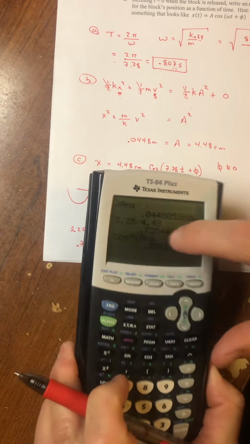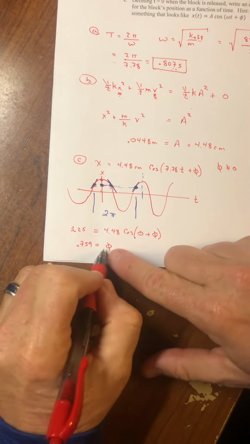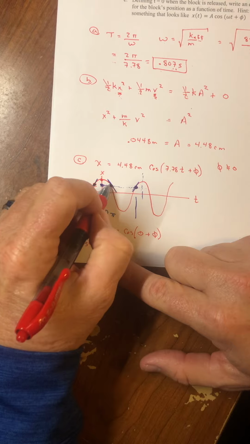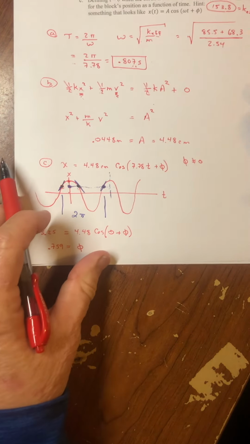And calculators only give us the answer in the first quadrant. So this answer is the wrong one. It is this one. It doesn't represent the negative speed.